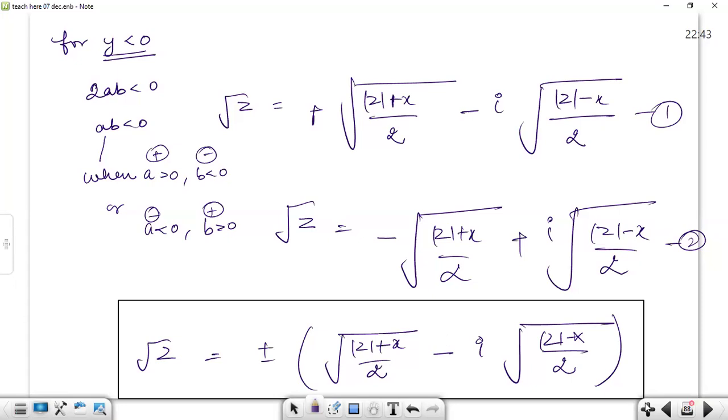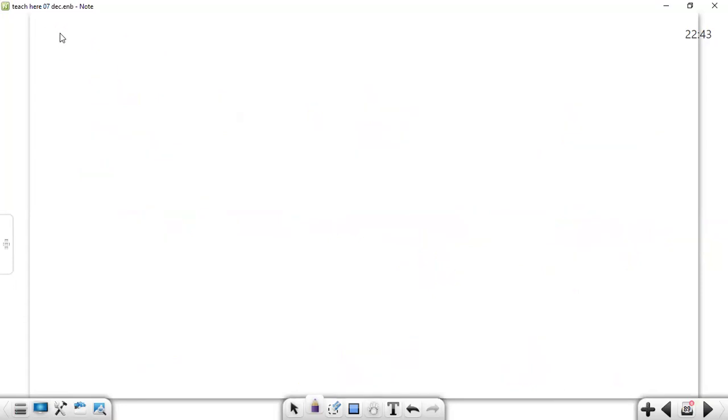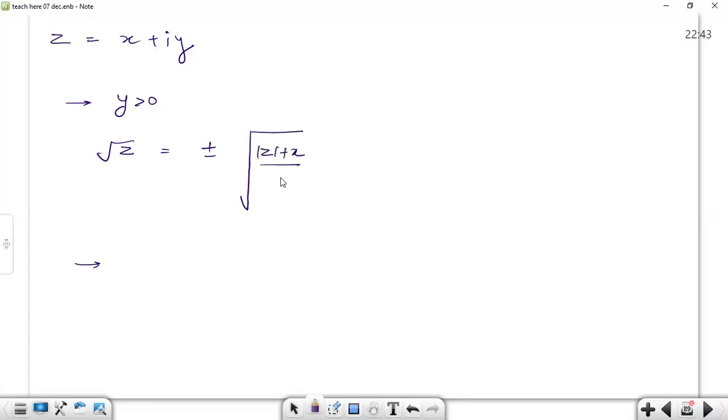So let me summarize and write. If z is a complex number given in this format, and we have to find its square root, there are two conditions, simple conditions. If y is more than 0, then the square root will be written in this format, plus iota into square root of modulus of z minus x on 2.